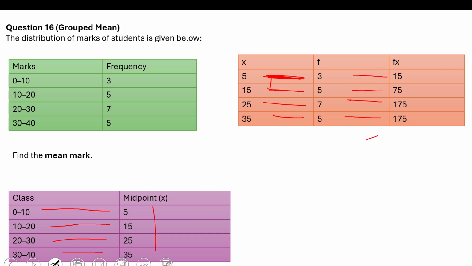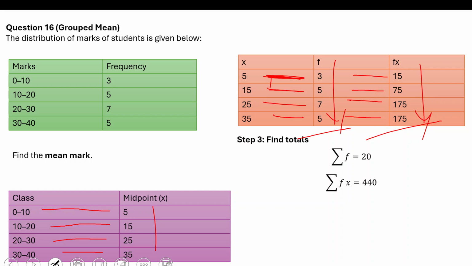So I add this to give me a sum, add this to give me a sum. So sigma f is 20, and sigma fx is 440.